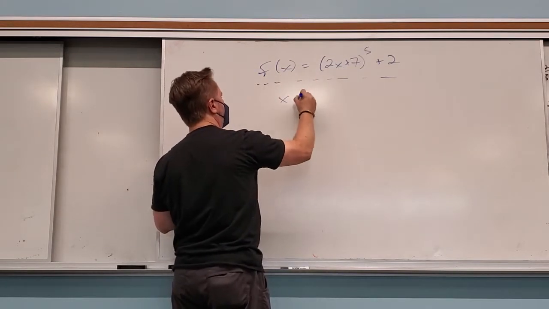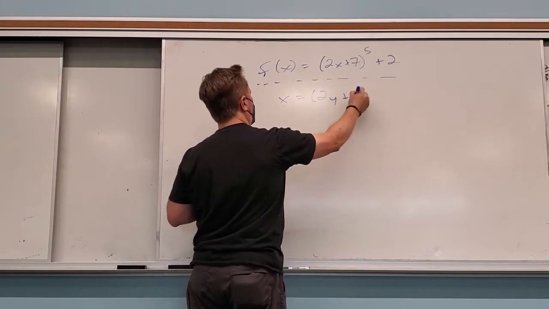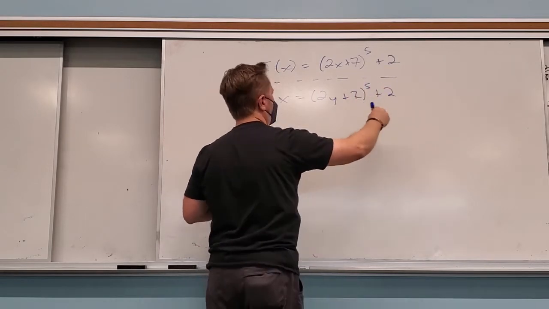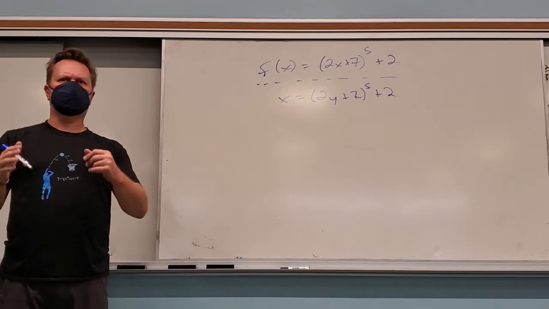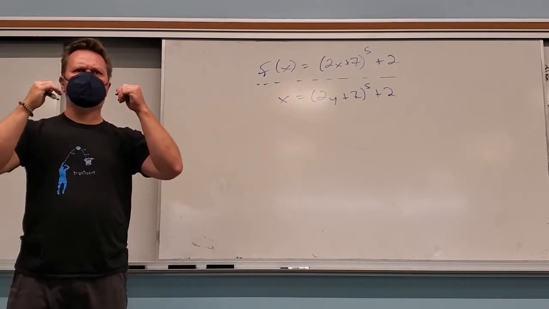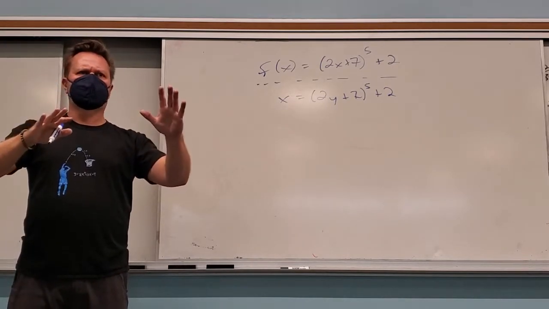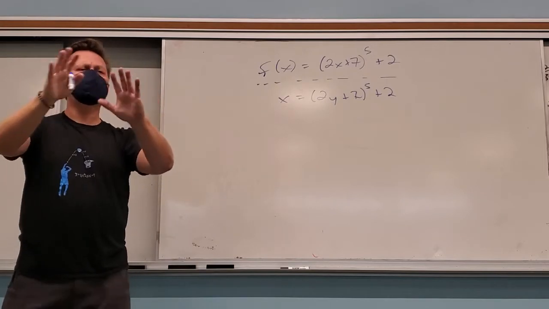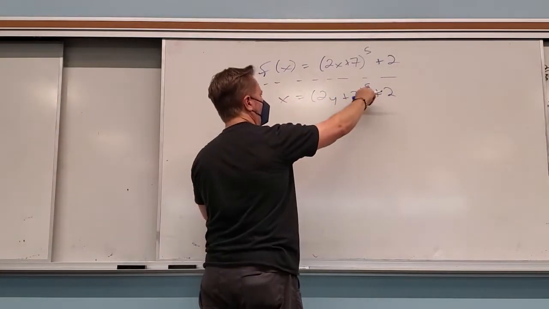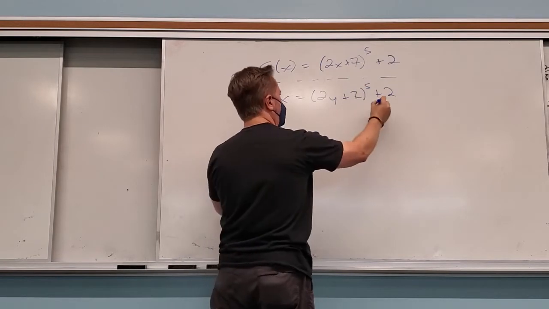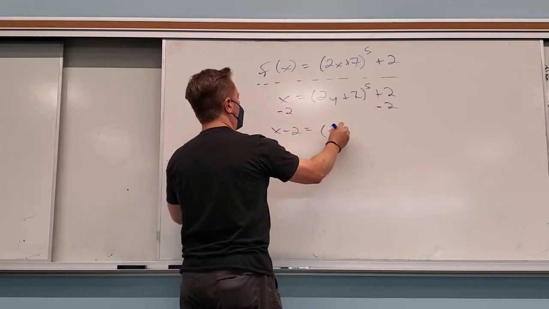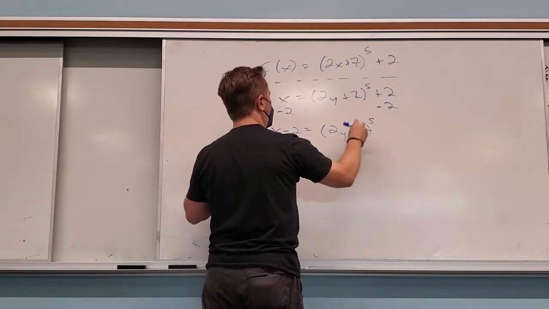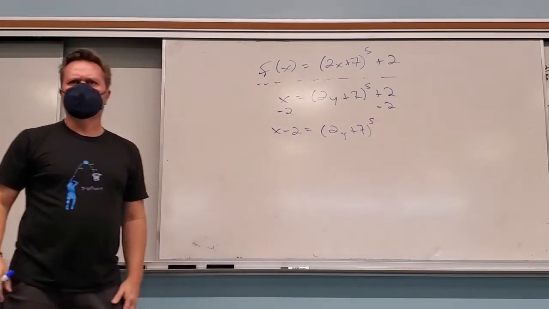So I'm going to switch the x and y, and then just start solving. Who do you have to take care of first? What do you want to move first? The 2. I want to get rid of that so I can attack this 5th power directly. So I have x minus 2 equals stuff to the 5th power.